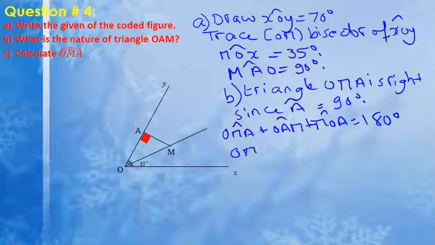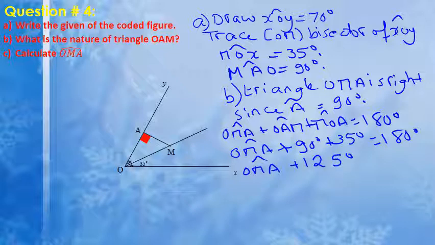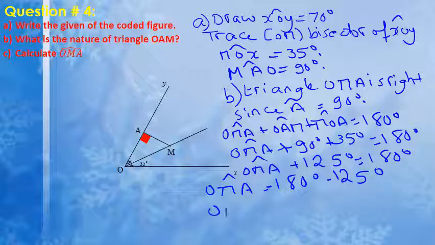OMA is the missing angle, plus OAM is equal to 90 degrees, plus MOA is equal to 35 degrees, equal to 180 degrees. Now angle OMA plus 125 degrees is equal to 180 degrees. Angle OMA is equal to 180 degrees minus 125 degrees. So angle OMA is equal to 55 degrees.